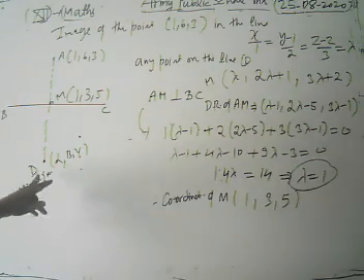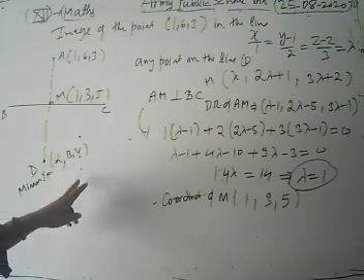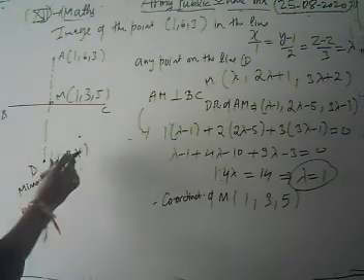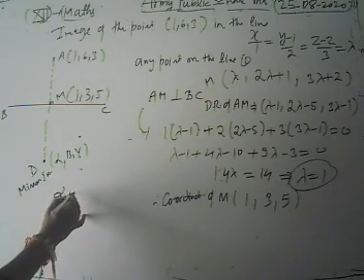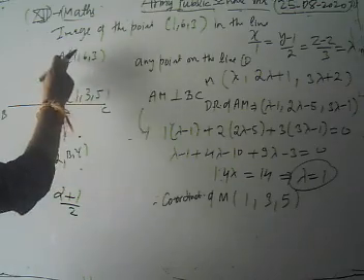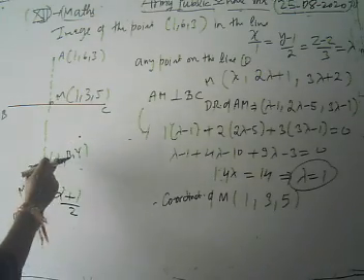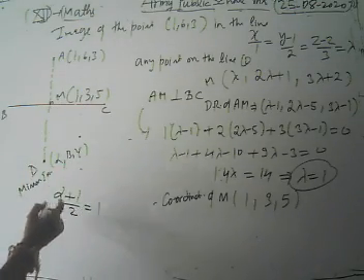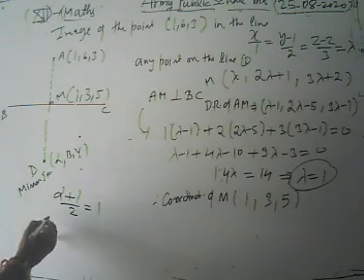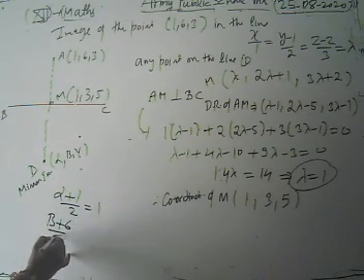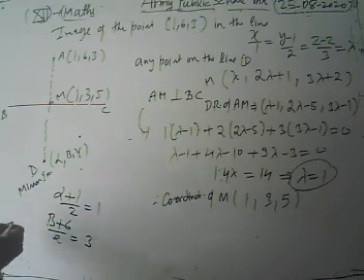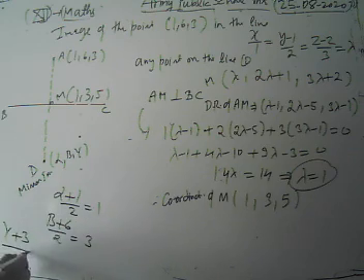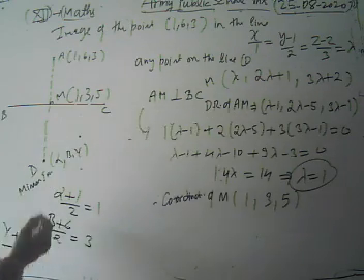We have to find the values of alpha, beta and gamma. So alpha plus 1 divided by 2 is equal to 1, beta plus 6 divided by 2 is equal to 3, and gamma plus 3 divided by 2 is equal to 5.